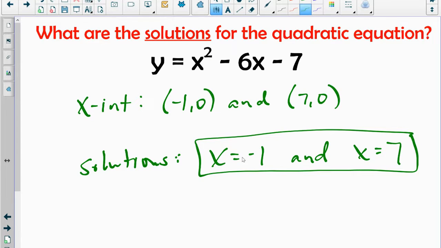The solution is the value for x that will make this thing equal 0. So if we plug in -1, -1 squared minus 6 times -1 minus 7 makes this equal 0. But also, if x equals 7, 7 squared minus 6 times 7 minus 7 will also give you 0. So that's why there are two solutions. There are two different values for x that will make this equation equal 0.